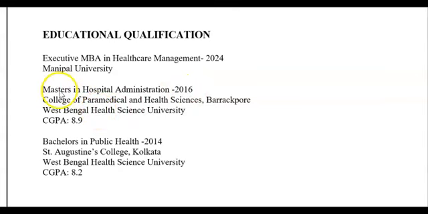Whereas he has already qualified Masters in Hospital Administration from College of Paramedical and Health Science, Barakpur, under West Bengal Health Science University with a CGPA of 8.9 in 2016, and in 2014 he has passed out from St. Augustine's College, Kolkata, under West Bengal Health Science University in Bachelor's in Public Health with a CGPA of 8.2.